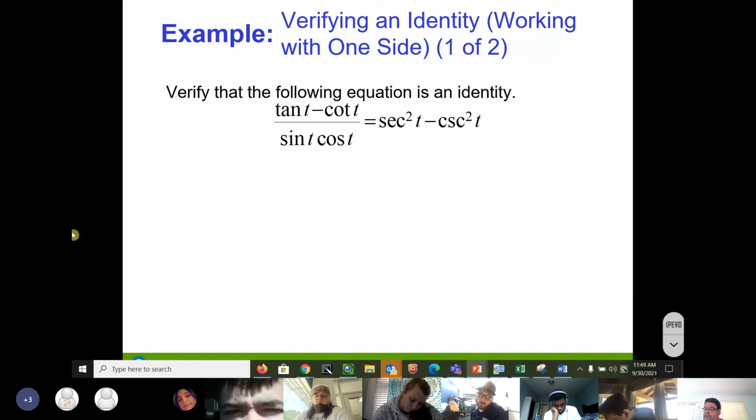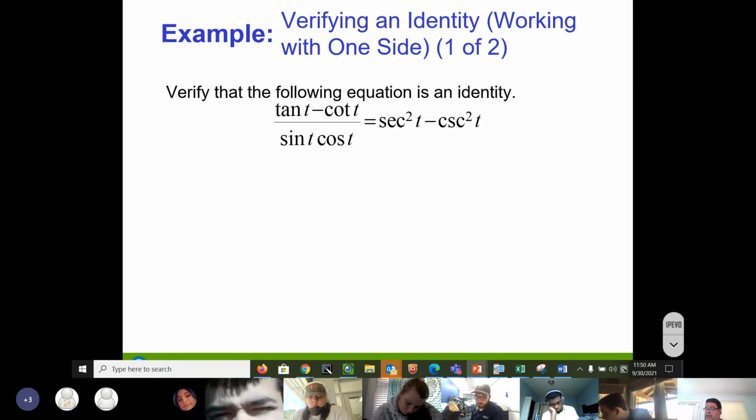Sine t cosine t minus cosine t sine t. You've got to get a common denominator there, over sine t cosine t over 1.